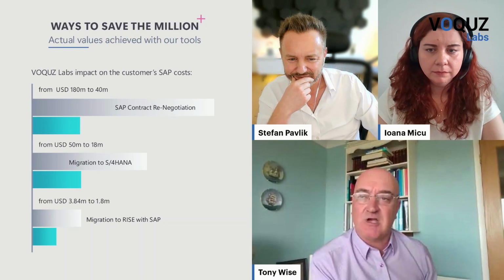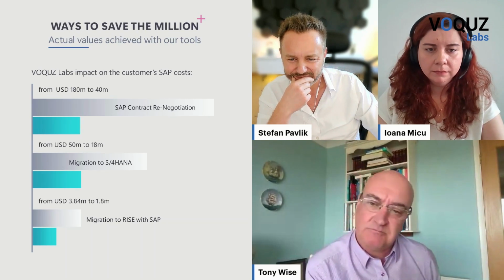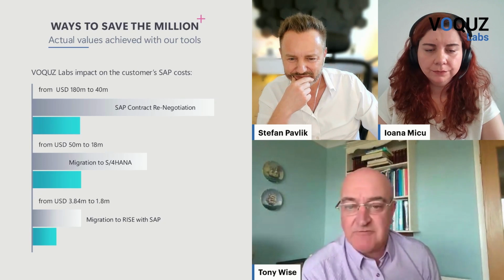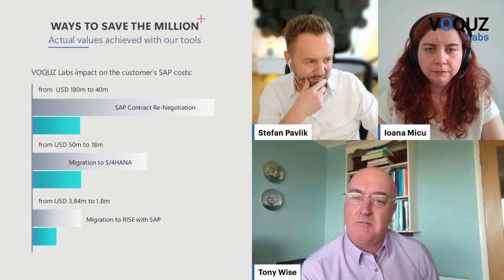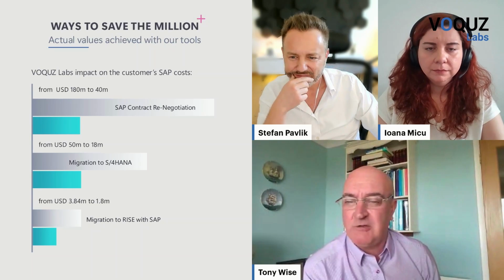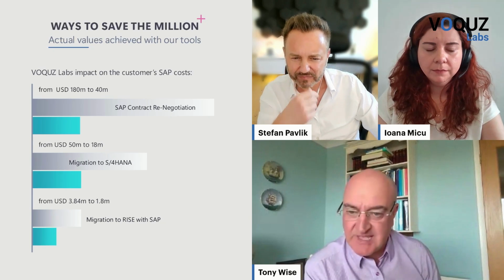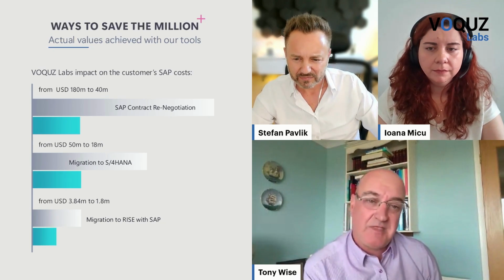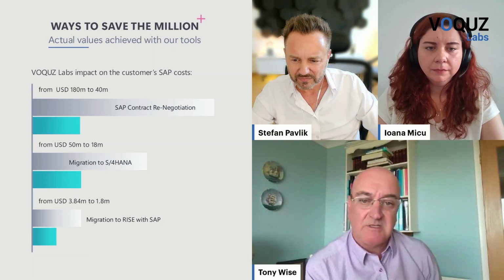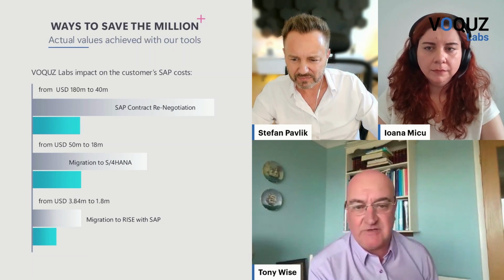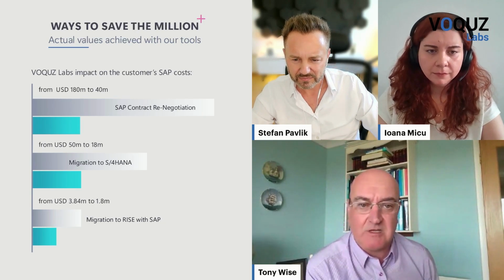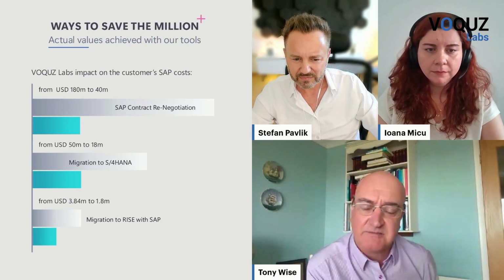So these are the types of results that we achieve on a daily basis. The numbers may look high and you may think they are irrelevant to your organization, but that RISE number down the bottom, that's a relatively small customer. So even with a relatively small customer, you can save a lot of money over the term of your contract.